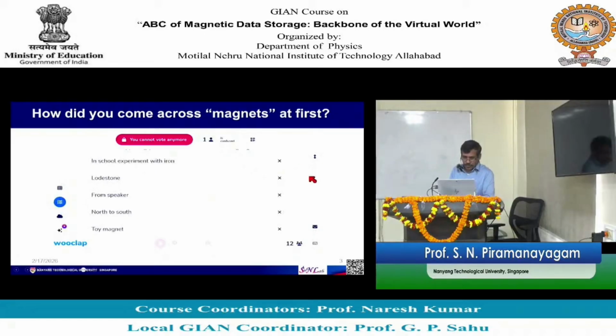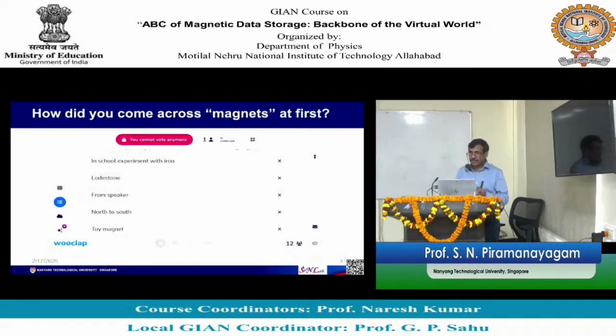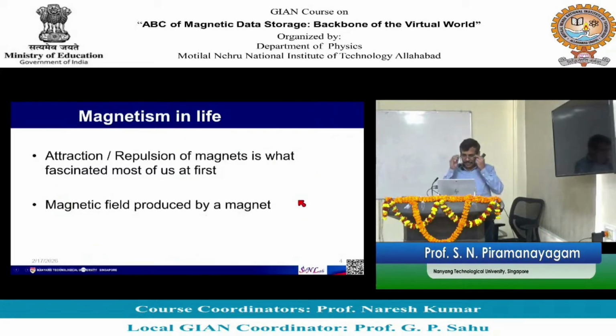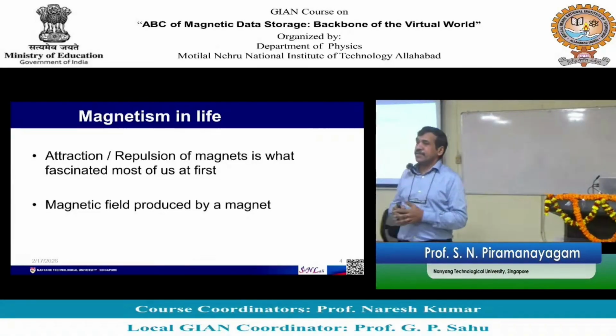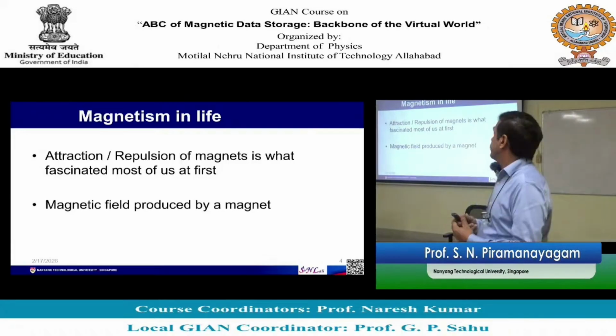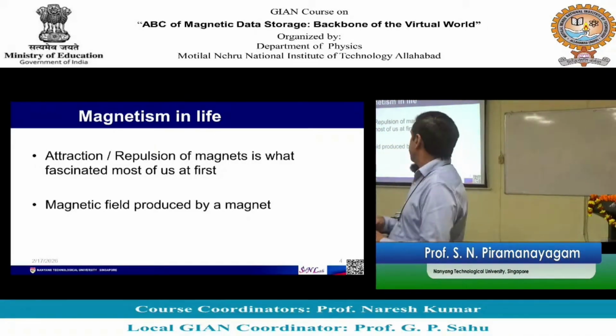Okay, so school experiment with iron, lodestone, speaker, toy magnet, all these are some ways we have come across magnets, right? So what makes you feel fascinated about magnets is their attraction or repulsion of magnets or magnetic materials.